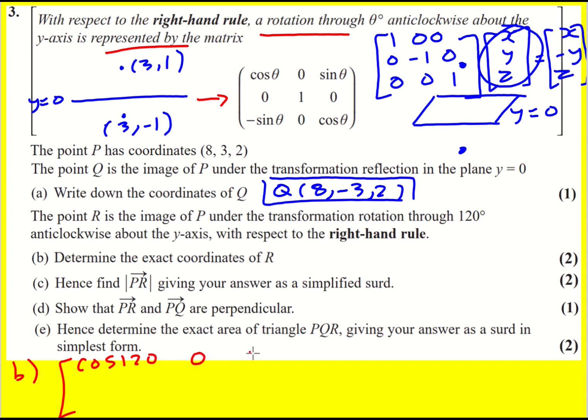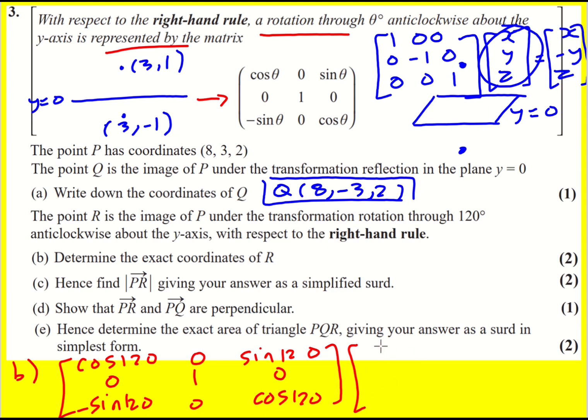Cos 120, 0, sine 120, 0, 1, 0. Sorry. Minus sine 120, 0, cos 120. Applied to 8, 3, 2.